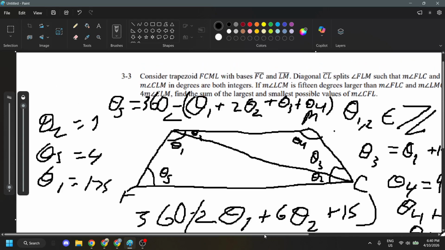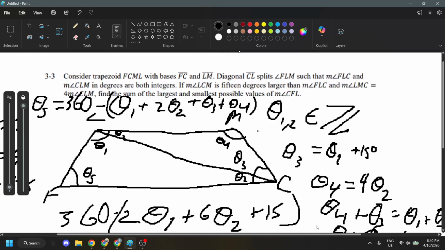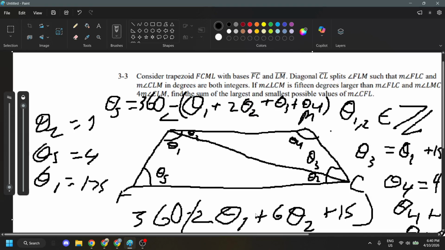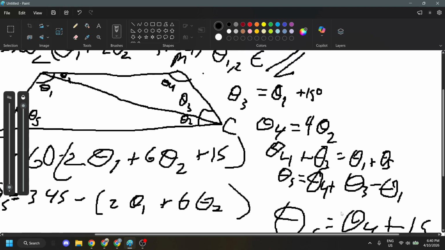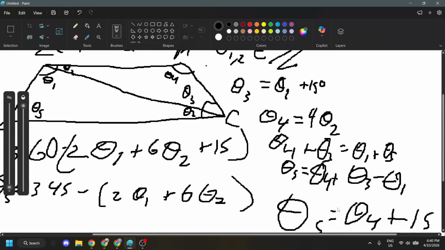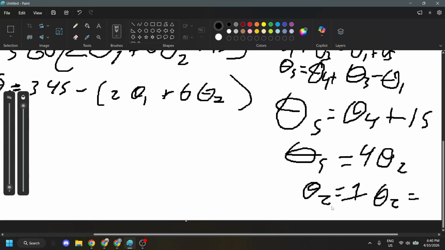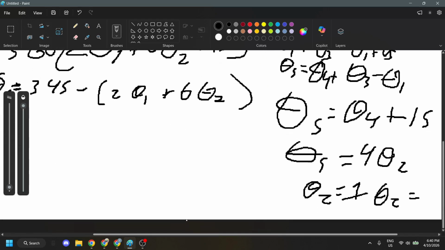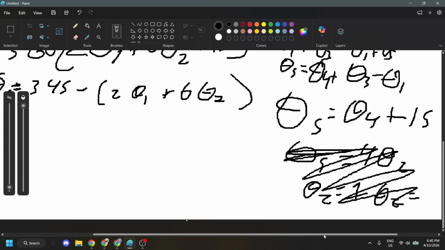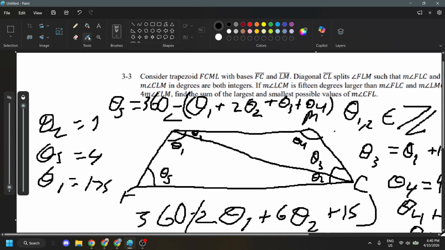Is that okay? I hope so. These are all integers, and we're good so far. So now we have this other one. What else is determined? Theta 4 is 4. Wait, so it means that theta 5 and theta 4 are the same. Oh, no. No. This should be 19, which makes this 20.